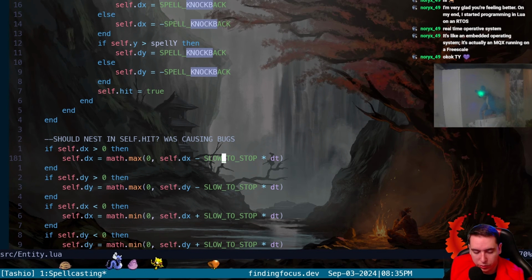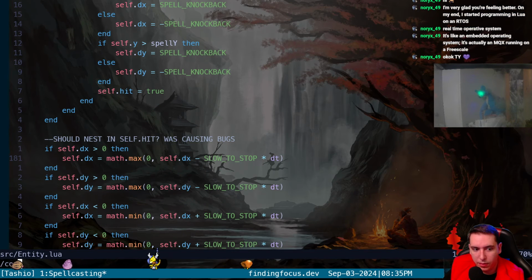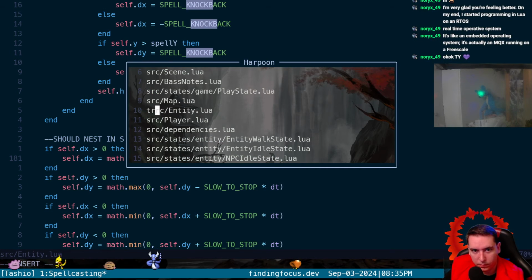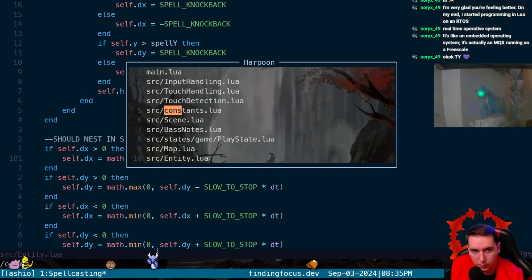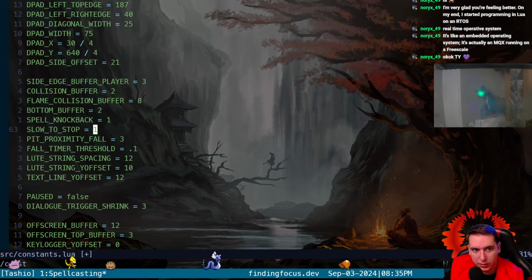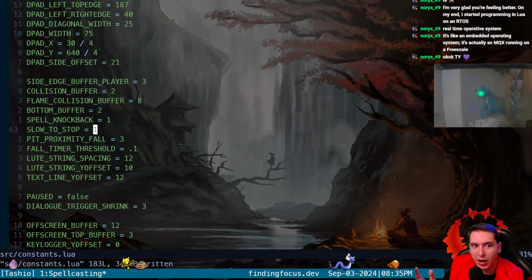So if our slow to stop is now 1, then it should take us... constants. Where's our constants? Slow to stop is going to be 1. So we're going to have a knockback of 1, and we're going to have a slow to stop of 1.